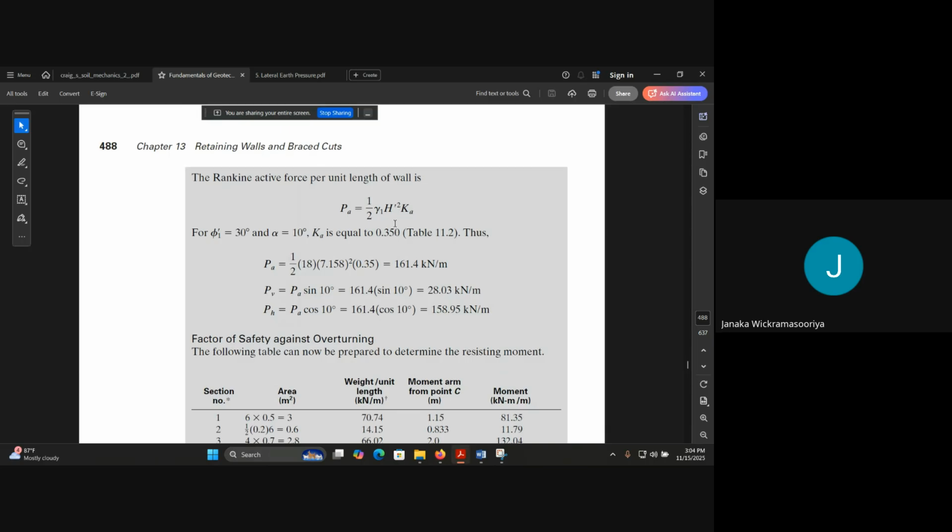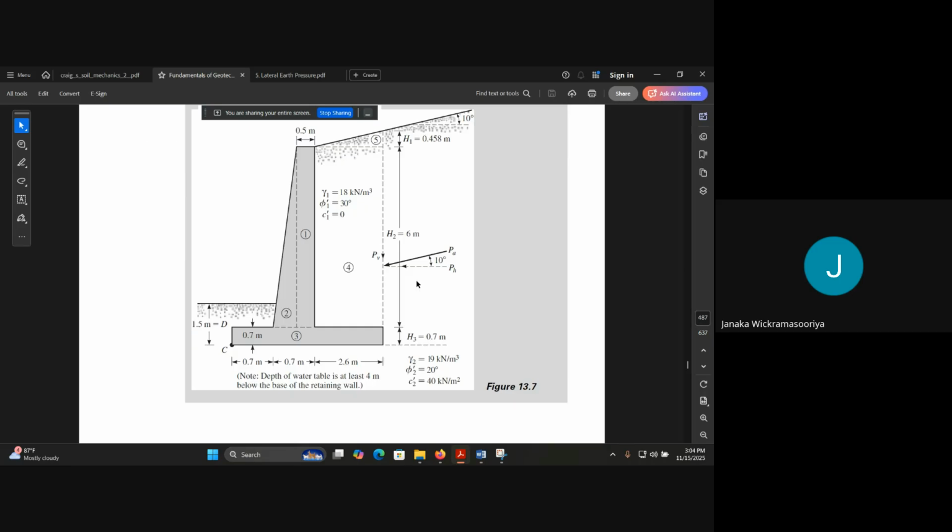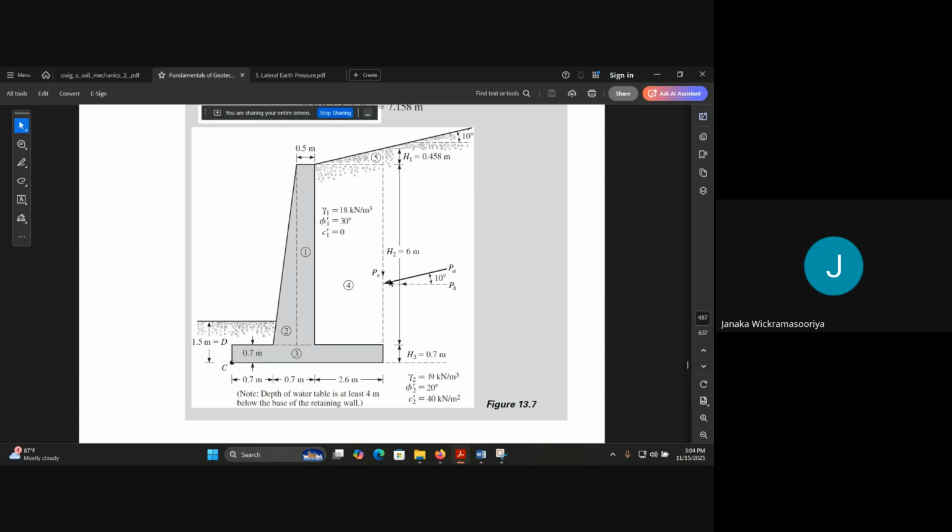So first they have taken the passive force as 161.4. Then this is the passive force. That passive force is parallel to the top surface. That is the theory: always this force is parallel to the top surface.